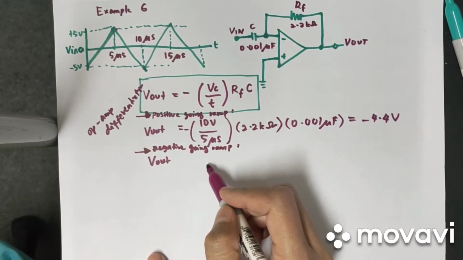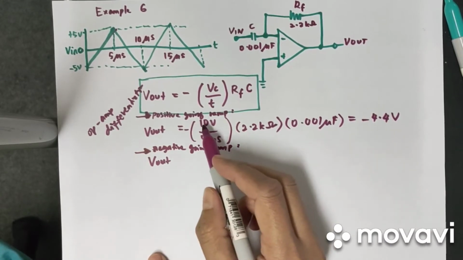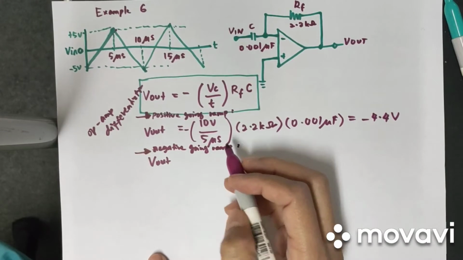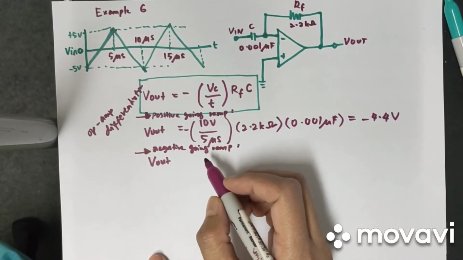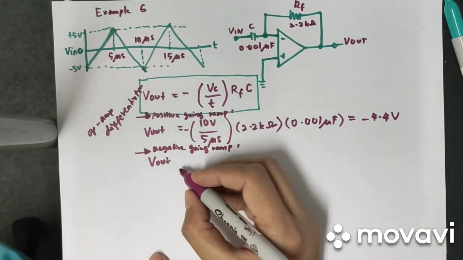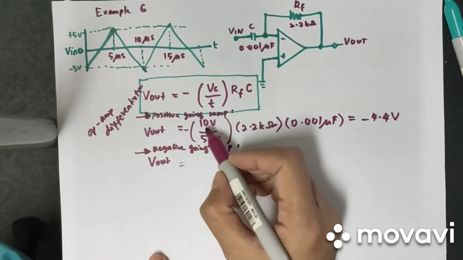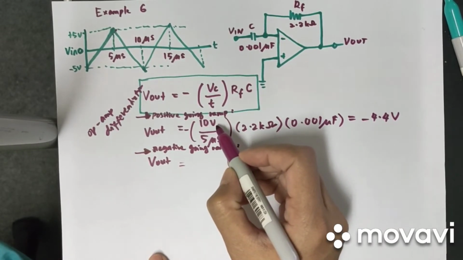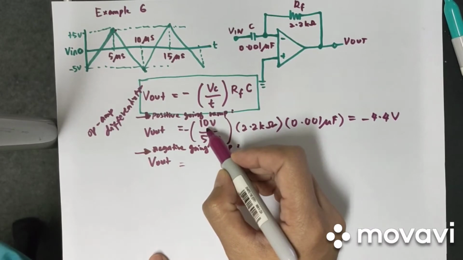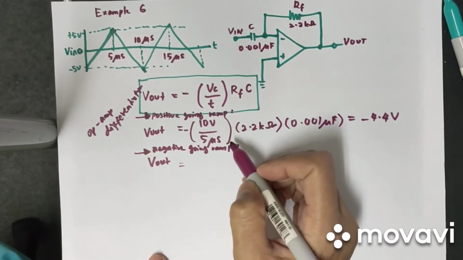It's simply likewise the positive going ramp, because the voltage here, VC will be negative, because it's a negative going ramp.